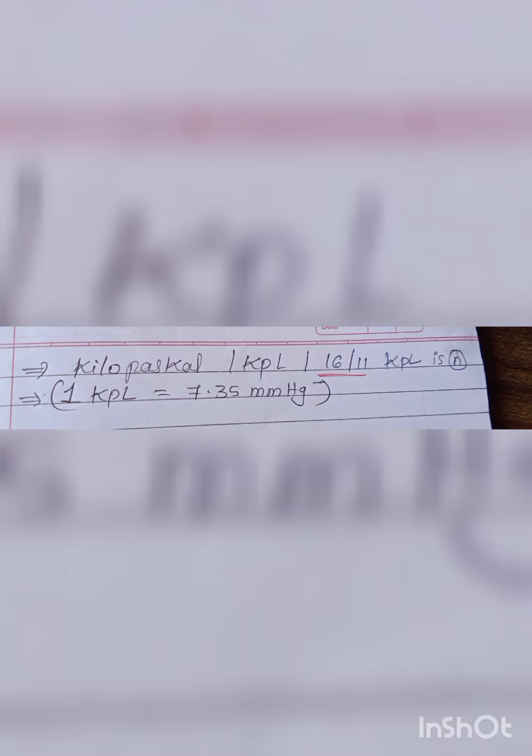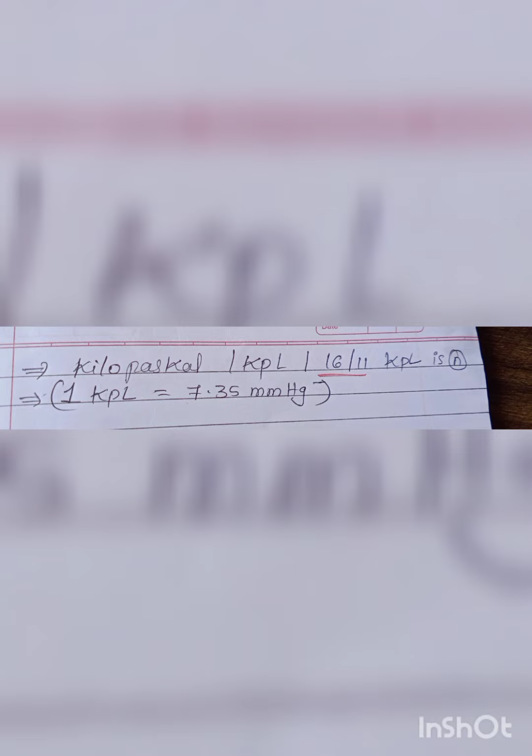And coming to kilopascal, it is nothing but the BP 120 by 80. We can also monitor in kilopascals. The normal range of BP in kilopascal is 16 by 11. 16 by 11 kilopascals is the normal range of BP. 1 kilopascal is equal to 7.35 mmHg. According to that, we have to calculate whether it is normal or not.